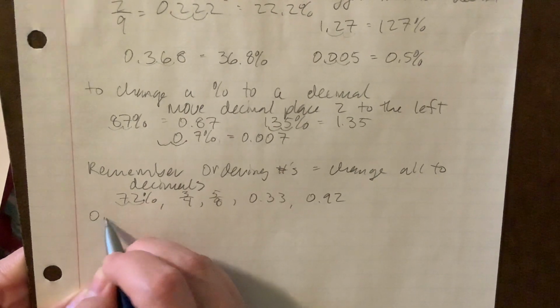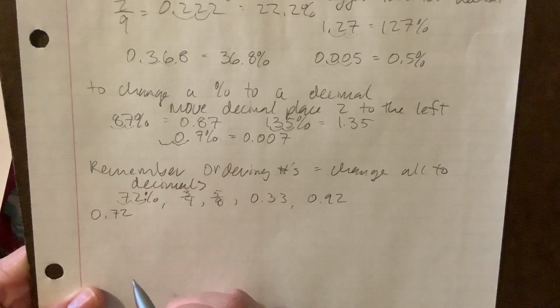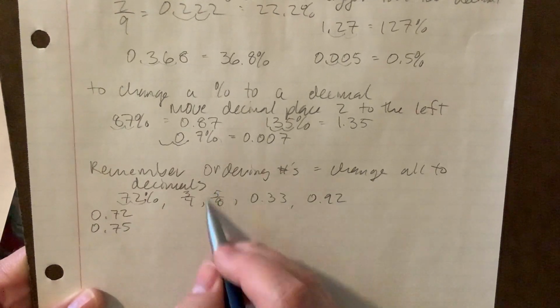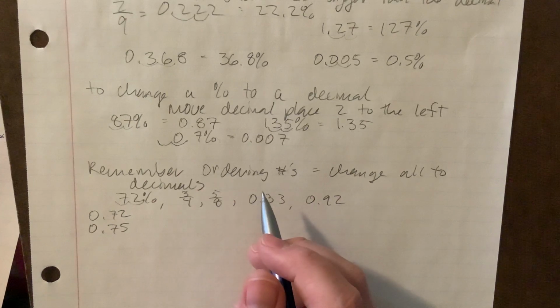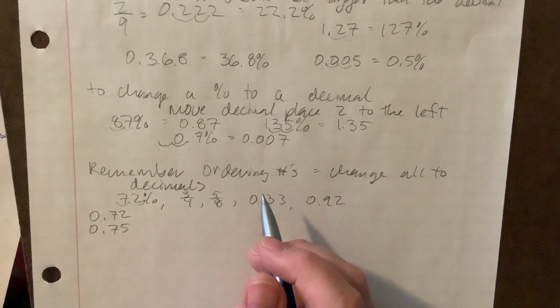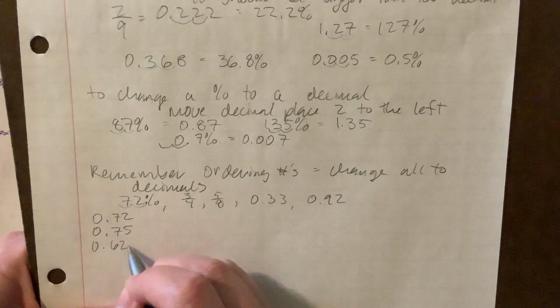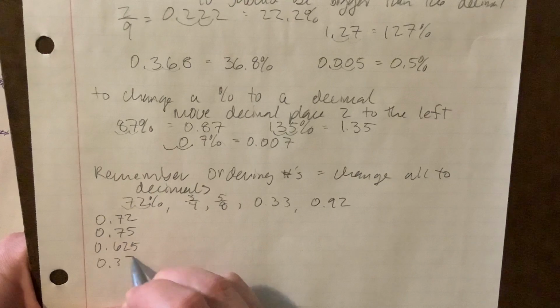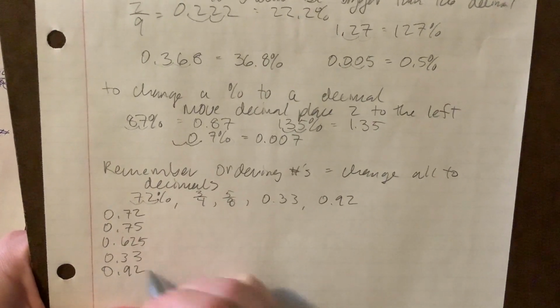That becomes 0.72. 3/4 as a decimal is 0.75. 5/8 as a decimal, just checking on my calculator to make sure I don't mess it up, is 0.625. And then those two are already decimals, 0.33 and 0.92.